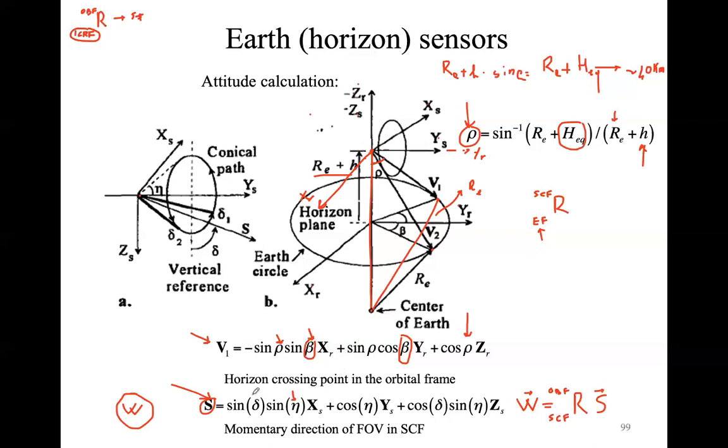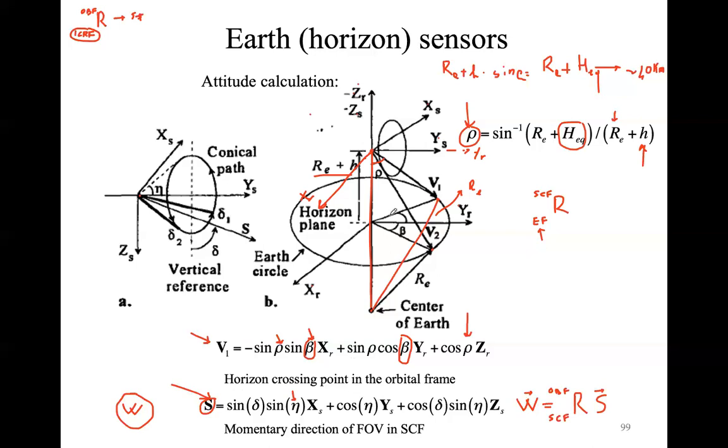And in order to do the computation in a correct way, the point that you should use is centered on the spacecraft. Okay, so that's the reason why this reference frame, given by the horizon plane of the spacecraft, can be seen as very close to the orbital reference frame of the spacecraft.